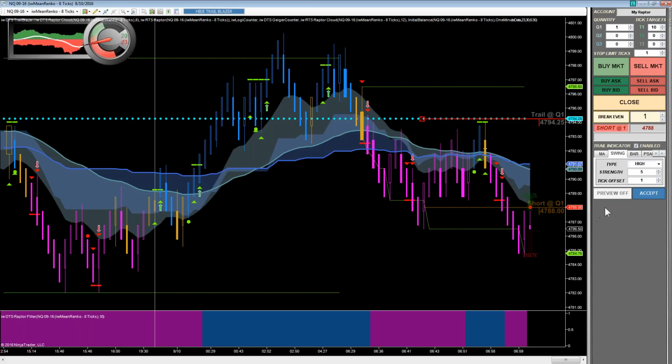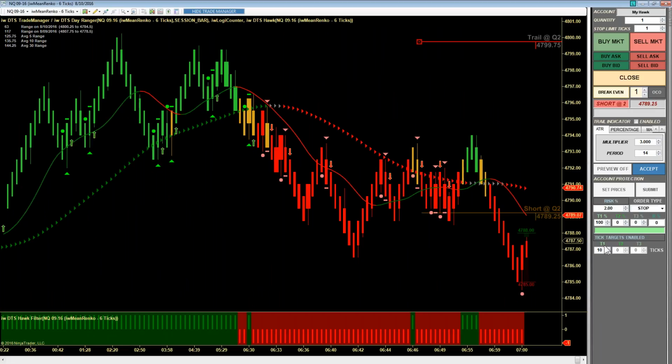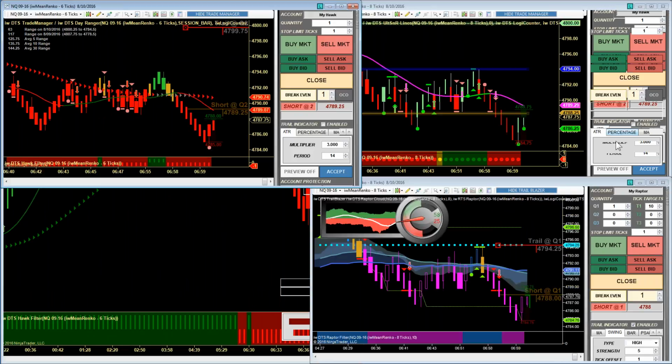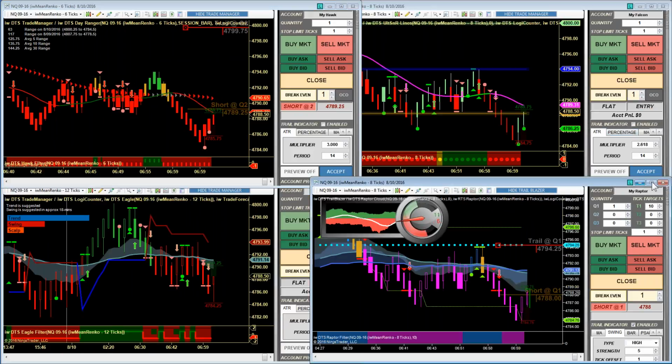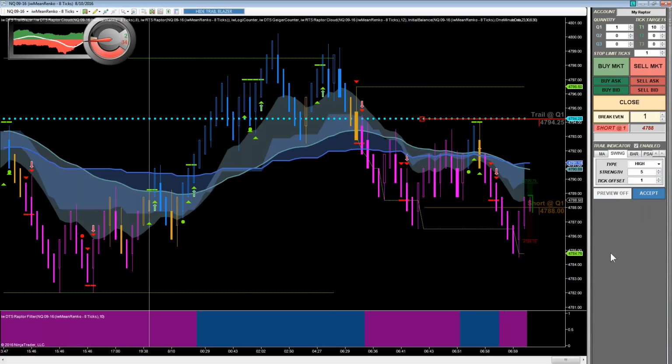Now, you may have noticed that this one is a little bit different than this trade manager. This trade manager has the risk component in the bottom. The one I happen to have here on the Raptor does not. The Raptor version, and this is not unique to the Raptor, sorry, I just happen to have this one on my Raptor chart.